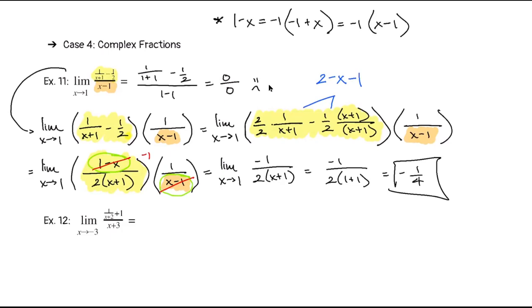And so then, Richard, this x minus 1 will cancel with that x minus 1. And then we'll still have that negative 1 factor on the top. Okay. Yes, exactly. I know negative 1 plus x is the same as x minus 1.